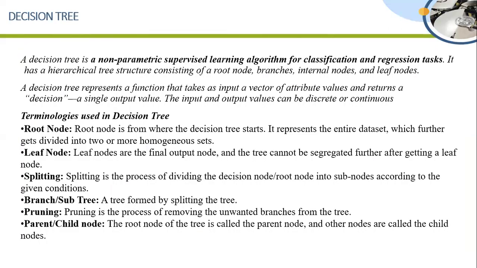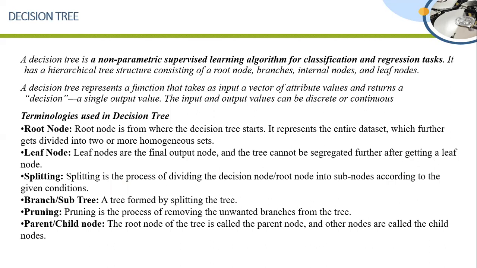Now we are going to see a non-parametric supervised learning algorithm for classification and regression tasks, the decision tree. In a supervised algorithm, we have our data with labels. So you have both classification and regression.